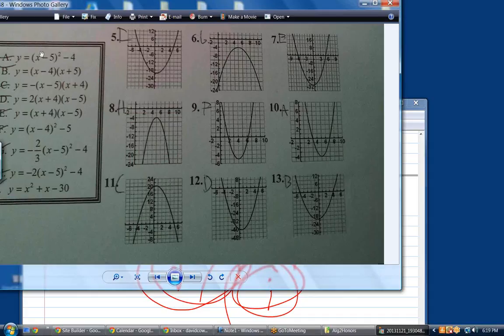All the other ones that have that are opening down, so that's the only one.